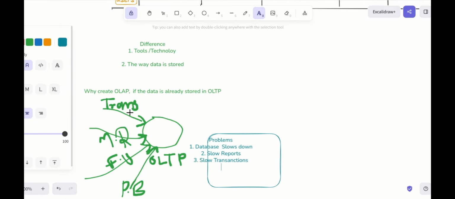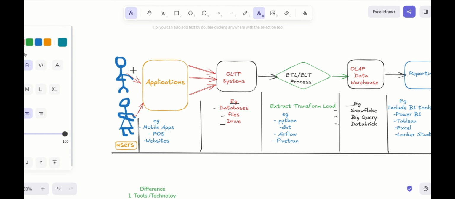Also, since the transactions take so long to load, there will be a poor user experience, like for this customer who is interacting with the application, as we've seen here.